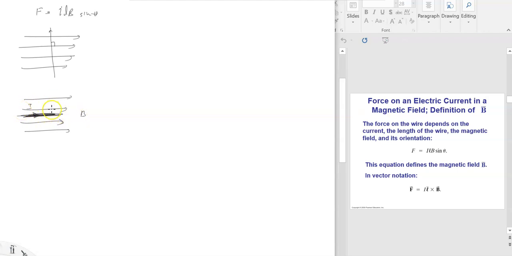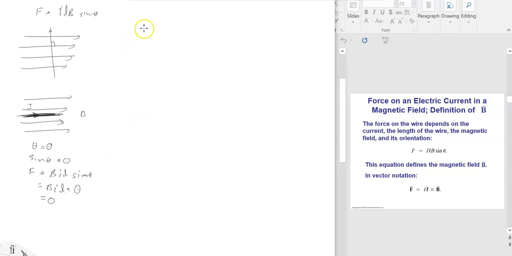If these things are parallel, magnetic field and the direction of the current, theta becomes 0. Sine theta becomes 0. Force, BIL sine theta, or ILB sine theta, is 0. Whole thing becomes 0. So if the current goes parallel to the magnetic field or anti-parallel, 180, force becomes zero, right?